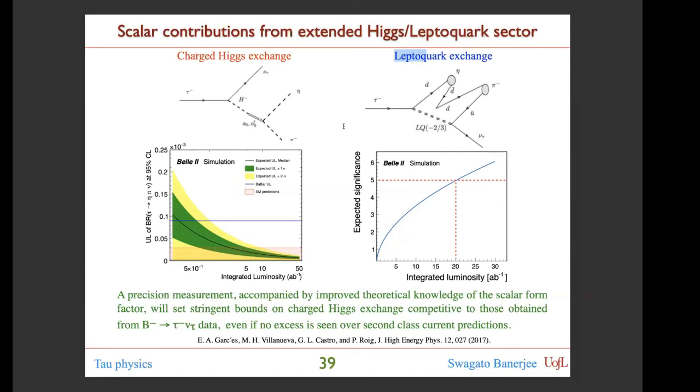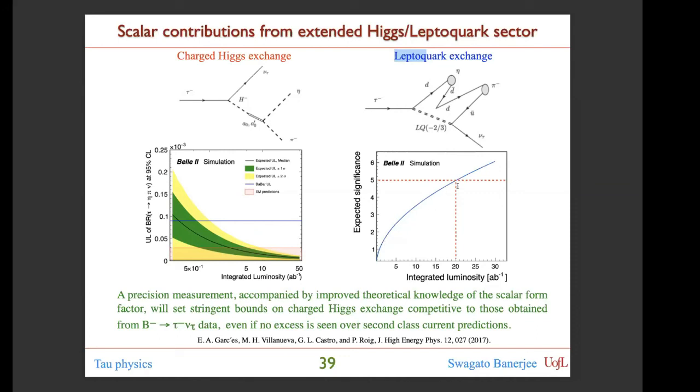The Belle II projection for the errors on the branching fraction for tau to eta pi are shown here, along with the statistical and systematic contributions. And the significance is shown here in the high luminosity environment at Belle II.